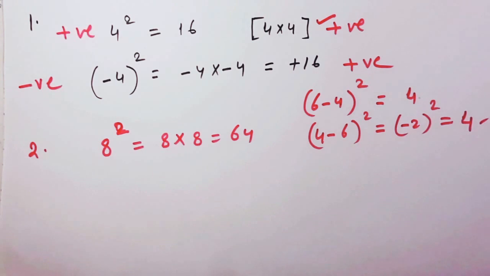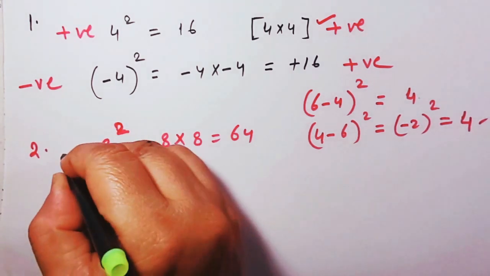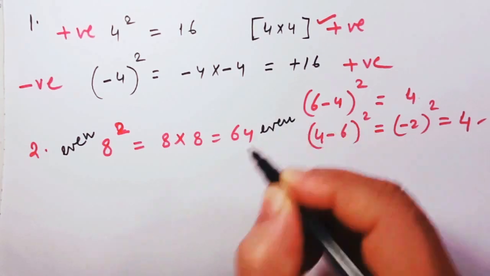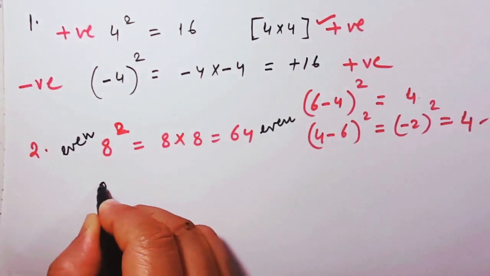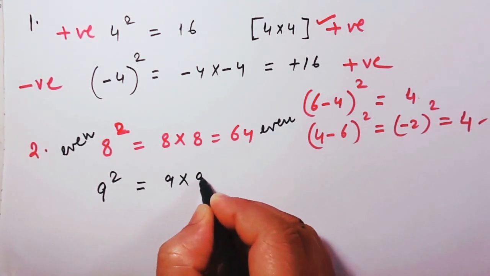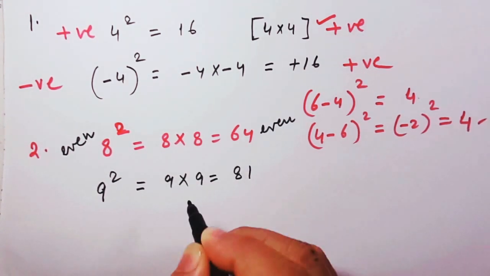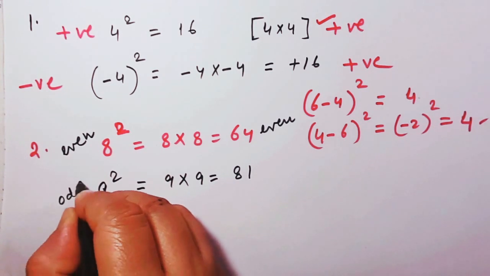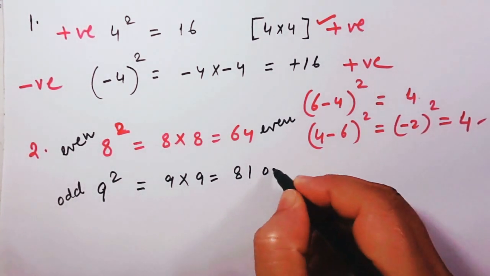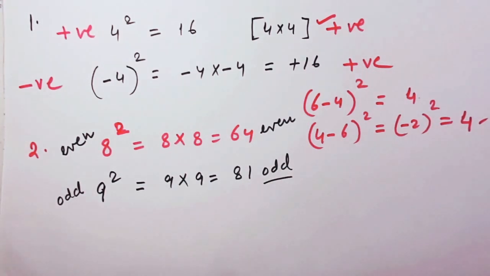So the square of an even number is even. If I take 9 square, then 9 times 9 is equal to 81. 9 was an odd number, therefore the square of an odd number is odd. These are the little things of interest which we should know.